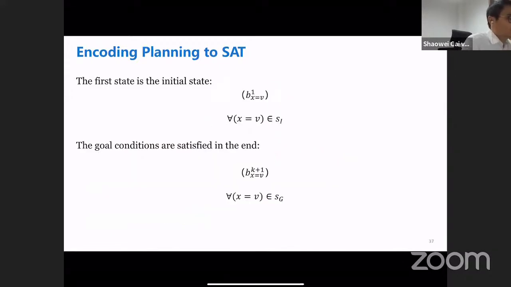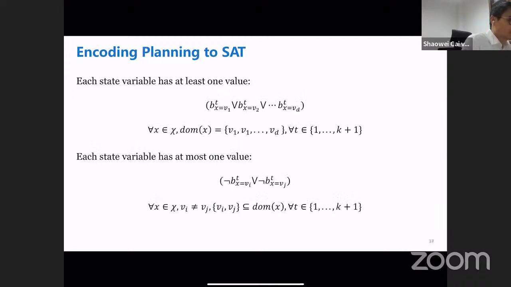For the first group, it's very easy. Just some unit clauses to state the initial states of the variables and the goal we need to reach. The second part is also very easy. For each state variable, we have at least one value, so we can get this clause to say the at least one.